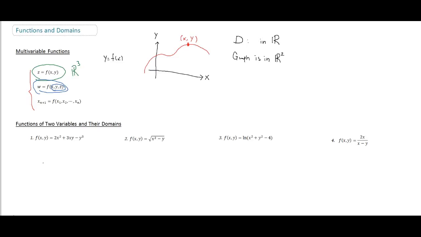However, the graph of these functions requires 4 different values, so it sits inside four-dimensional space R4. So unfortunately, functions of 3 or more variables, we cannot visualize anymore. So we will need to do other things to be able to understand these objects.